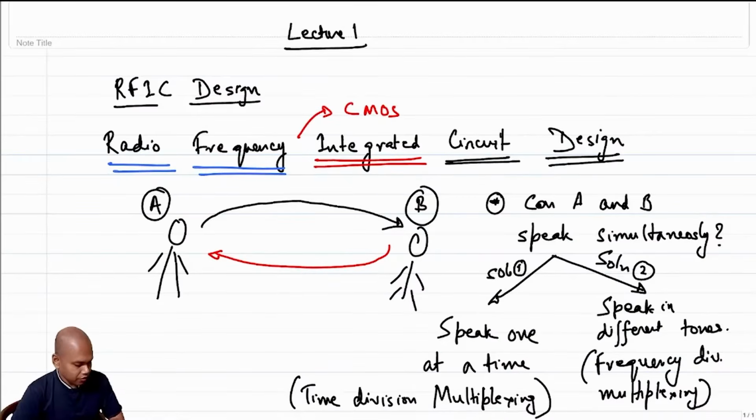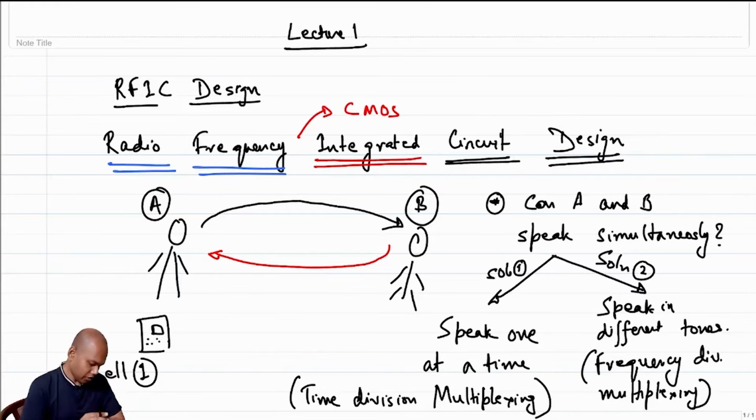Now think of this as a cell phone. Instead of speaker A, assume that you have cell phone 1, with lots of buttons and all. This is cell phone 1, or let me say mobile phone 1. And you have another, mobile phone 2.